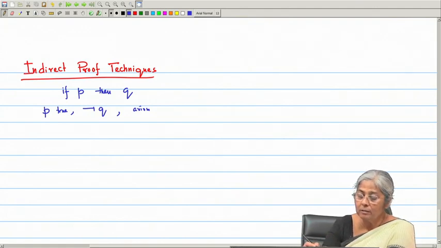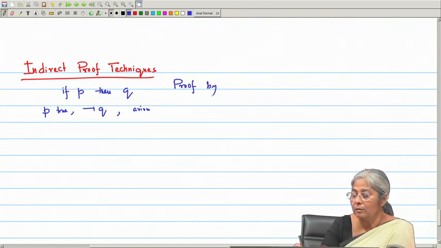So, that was the indirect technique, or the proof by contradiction. Now, how do we know that the proof by contradiction works correctly?